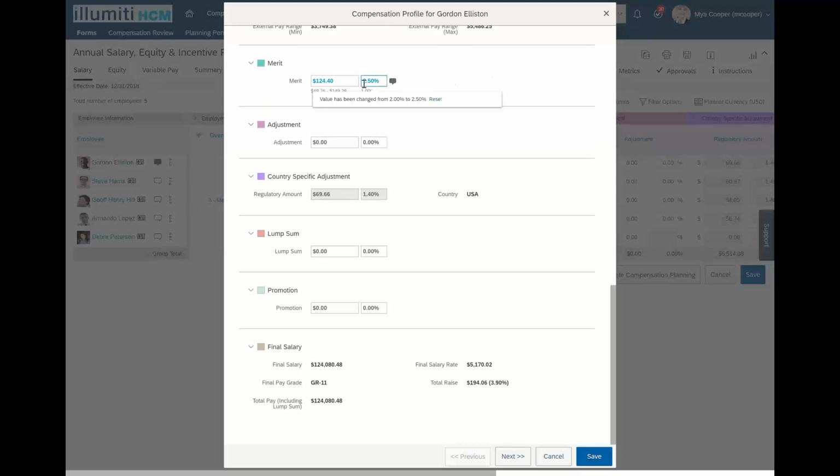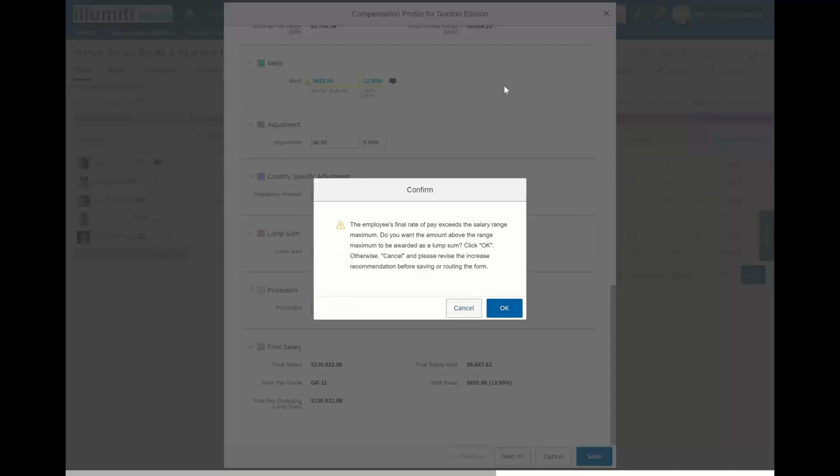Likewise, all of the rules of the planning sheet are respected here as well. So if I decide to make this 12.5%, then the system is going to give me the same warning I would expect to see on the consolidated planning sheet.